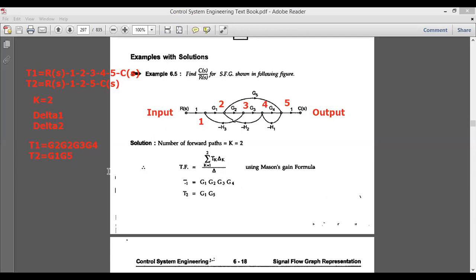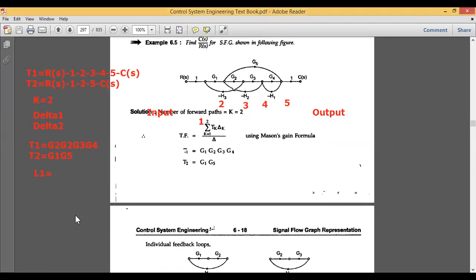Fine. After finding the forward paths, go for finding the loops. The loops are represented by L1. So what is the first loop? Just see the loops in the signal flow graph.